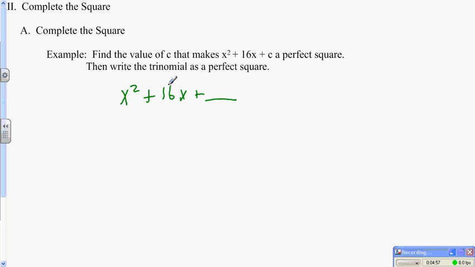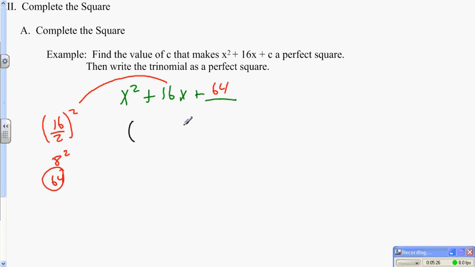And the process is to take the b term, or the x coefficient, dividing it by 2, always dividing by 2, and squaring the result. This would give us 8 squared, in other words 64. 64 is the number that we would use to create a perfect square.